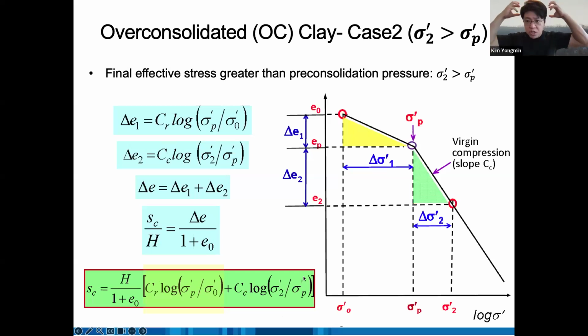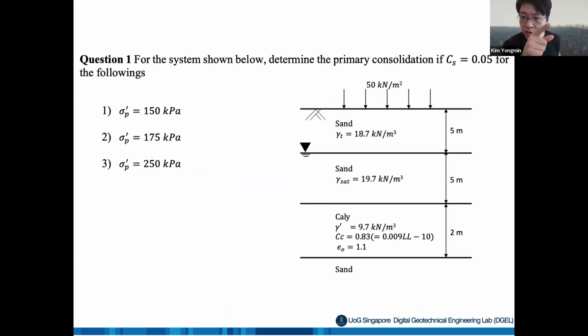You have these 3 different scenarios in your head. Then you need to identify whether it is NC or OC. How do you know? Compare your effective stress with your pre-consolidation pressure.